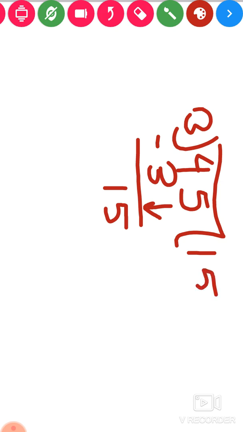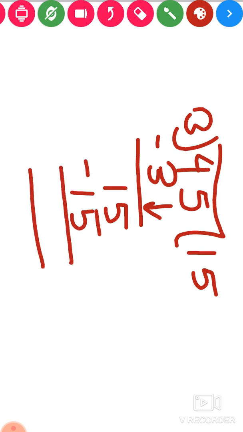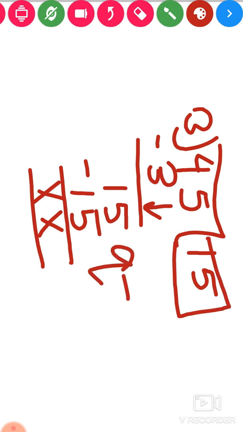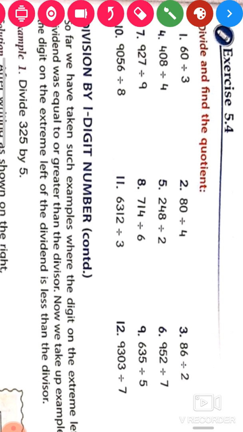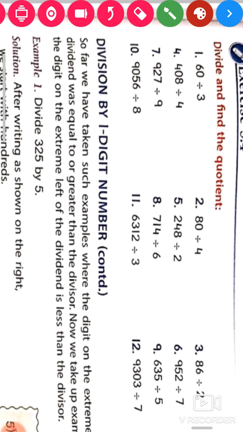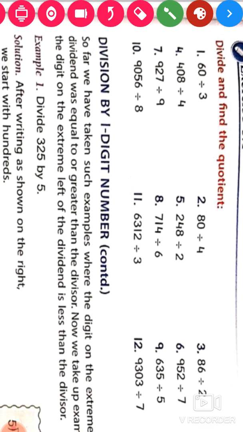And 3 fives are 15. At 5 times we have got 15. 3 fives are 15. Now 15 minus 15, we will get 0. So our quotient will be 15. Nice. So we have done up to question number 6.